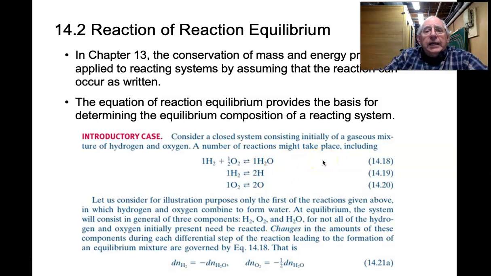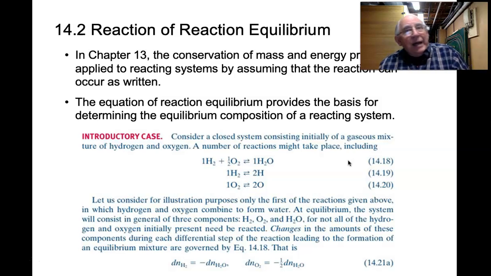And so what we're saying now is maybe this water might also be in the presence of some H2, some H, some O2, and some O. And so we could actually write this equation with 5 separate components.